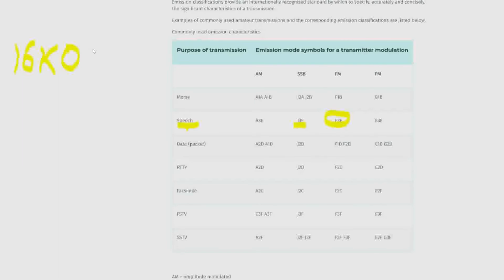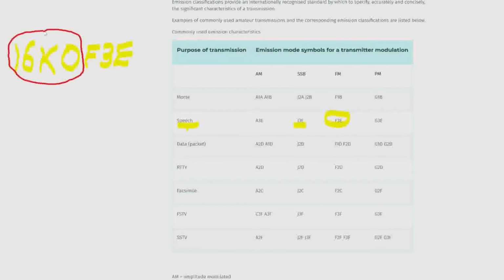And then would be the emission designator F3E. So the full code would include the bandwidth of the signal there.